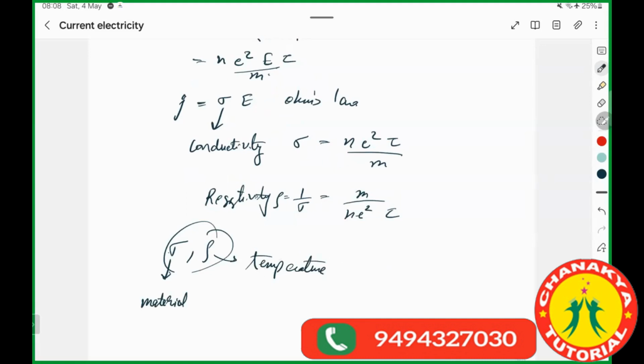Now, what is a function? You have studied it in mathematics, right? First chapter, function, in 12th standard I think. So I wrote here function of material and function of temperature. What does it mean? Tell me.